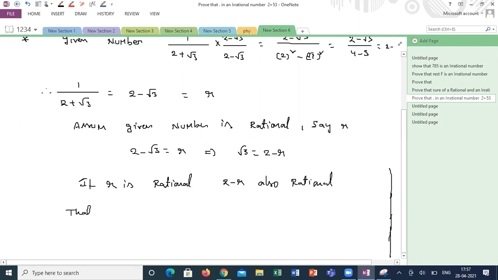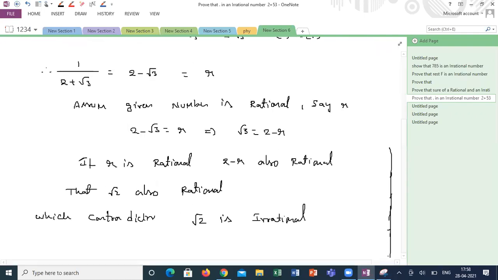That says root 3 is also rational, which contradicts that root 3 is irrational. So what is the conclusion statement?